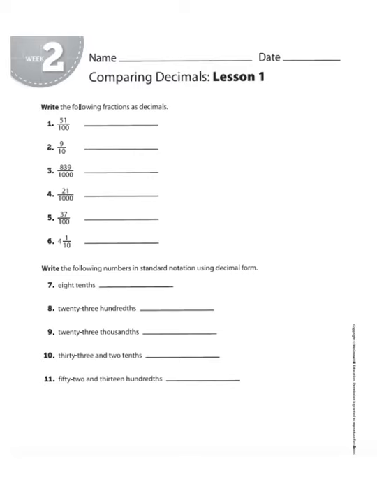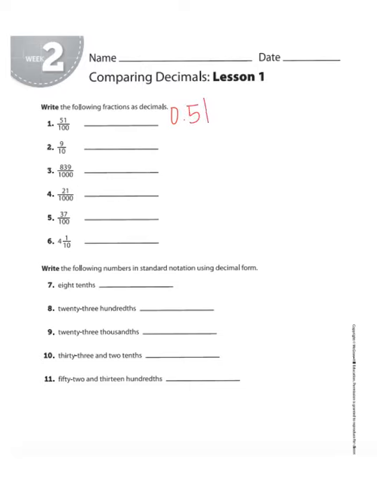All right, on 1 through 6, you have to write the following fractions as a decimal. This you are going to want to use your calculator for. So to solve this on your calculator, you would take your numerator, your top number, which is 51, divided by 100. And you should get a decimal in your calculator. And when I put it in my calculator, I get 0.51.